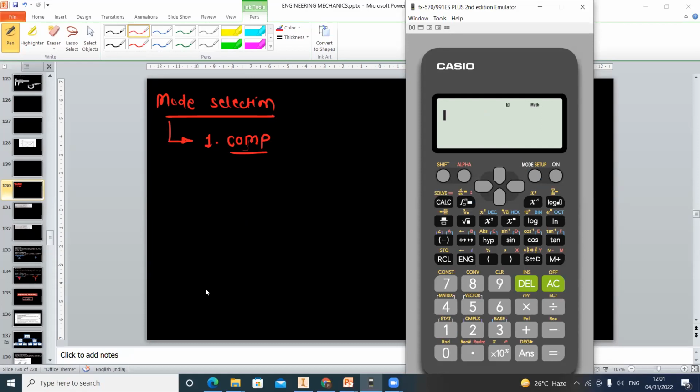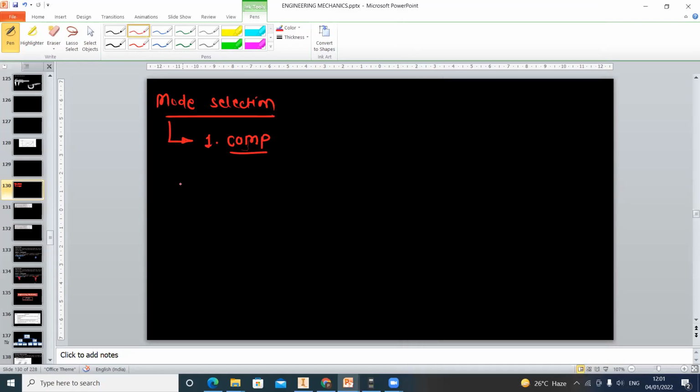Now suppose you want to perform some basic calculation, some multiplication. I will do the multiplication for fractions, so we can cover most of the operations.